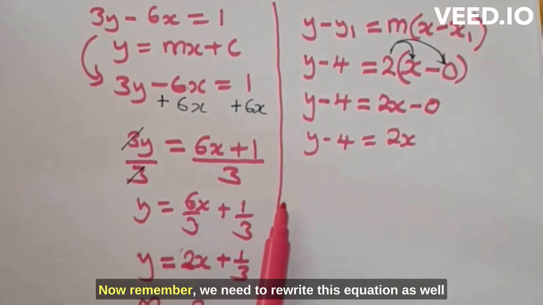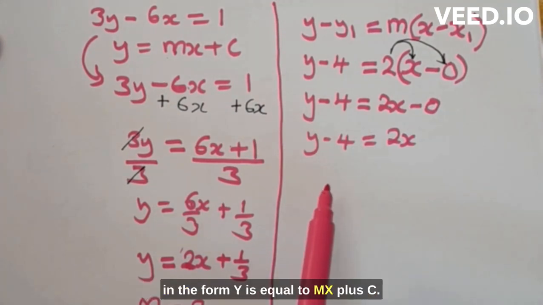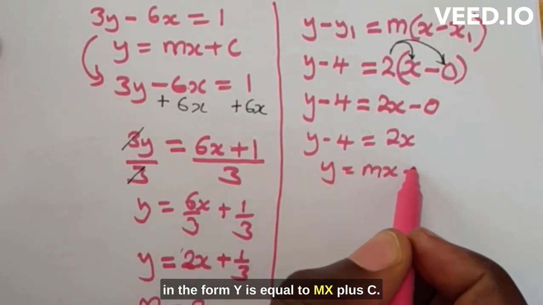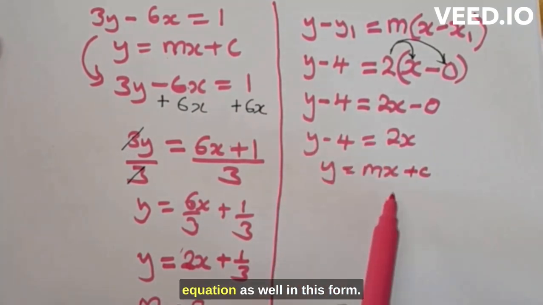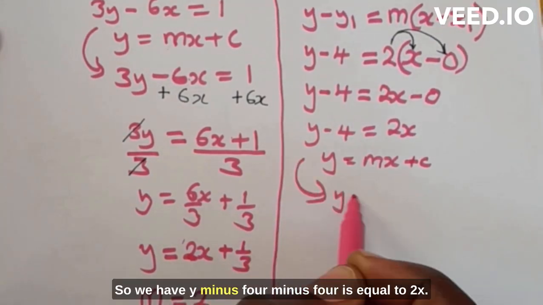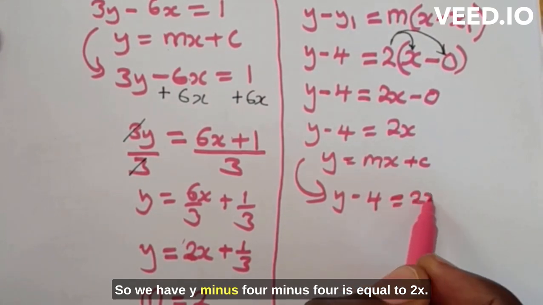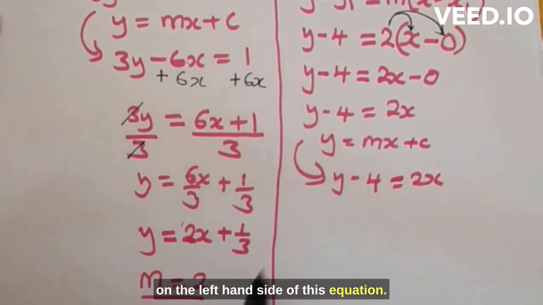Now remember, we need to rewrite this equation as well in the form y is equal to mx plus c. So we have y minus 4 is equal to 2x. Our aim is to remain with y alone on the left hand side.